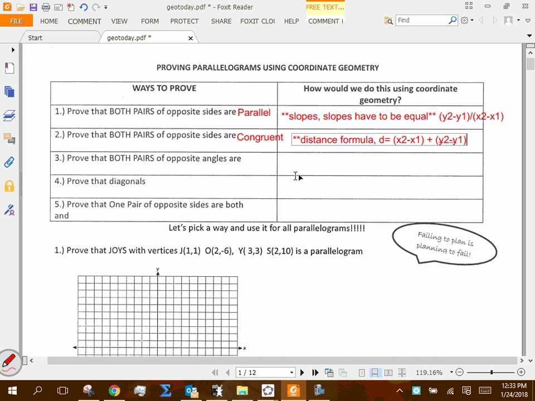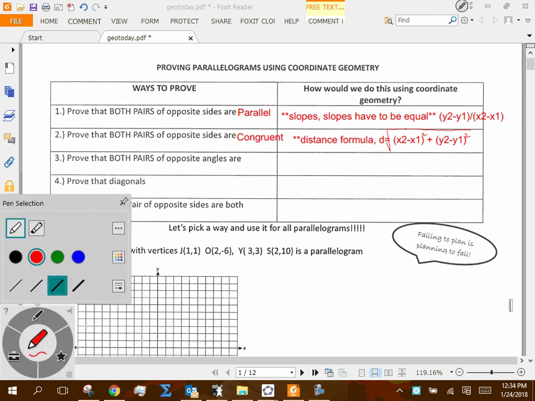So our distance formula looks like that thing there, okay? Hopefully at this stage, not an issue to deal with.